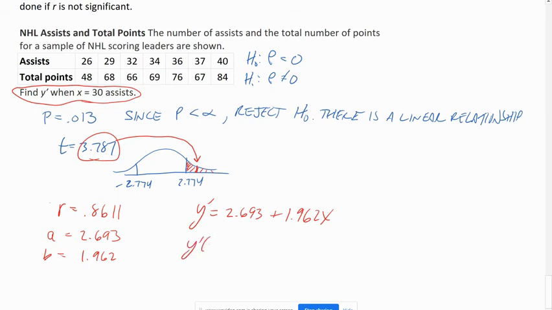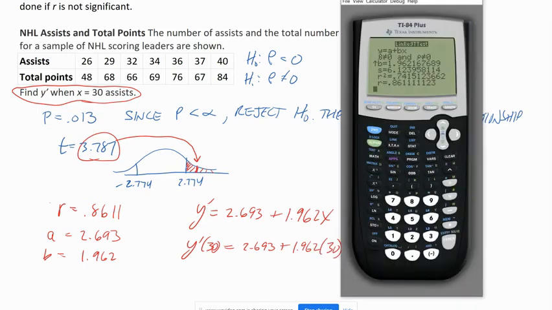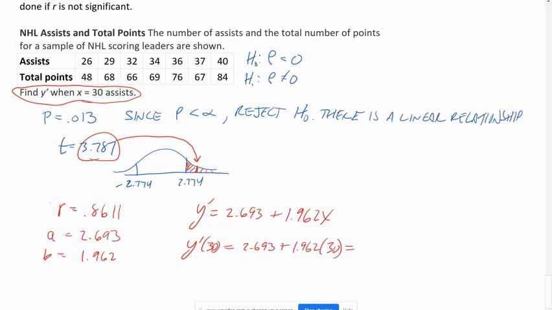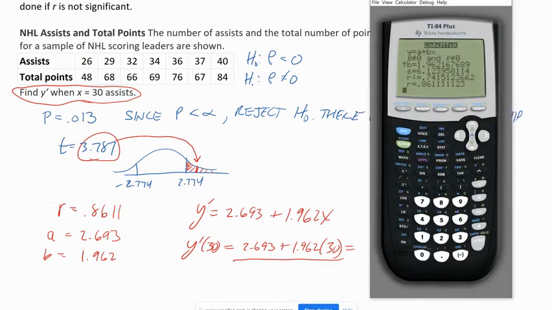Now we're going to use that to approximate the total number of points when a player has 30 assists. So y prime of 30 is 2.693 plus 1.962 times 30. You can type that in just like this in your calculator, or since we stored the regression equation as y1, I can quit and evaluate the function: vars, y vars, function y1 of 30.